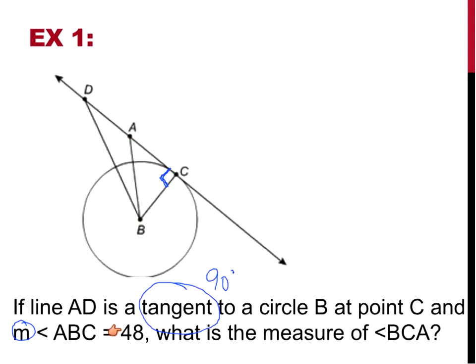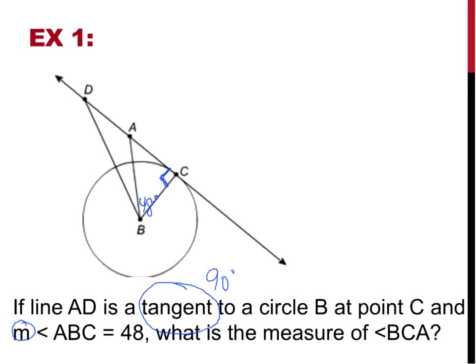So where am I going to put the 48? Next to what letter? Next to B. Make sure you understand that. Whenever we're talking about a measure, they use 3 points, but they're always talking about the point that's in the middle. That's how we label our angle. So this angle is 48 degrees. Let's put a 48 in there.